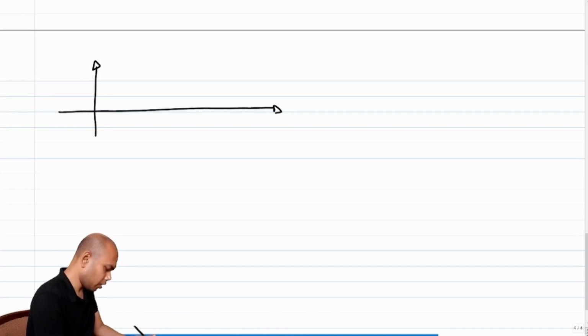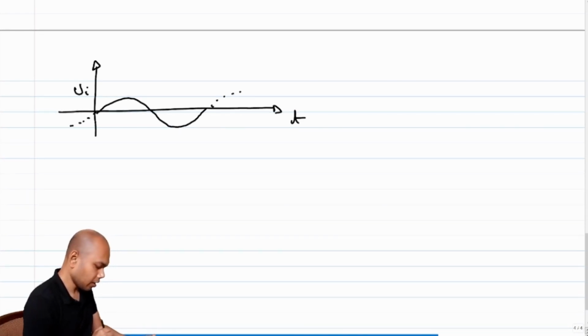So my incremental input is this, this is time, this goes on. So this is the incremental input Vi.